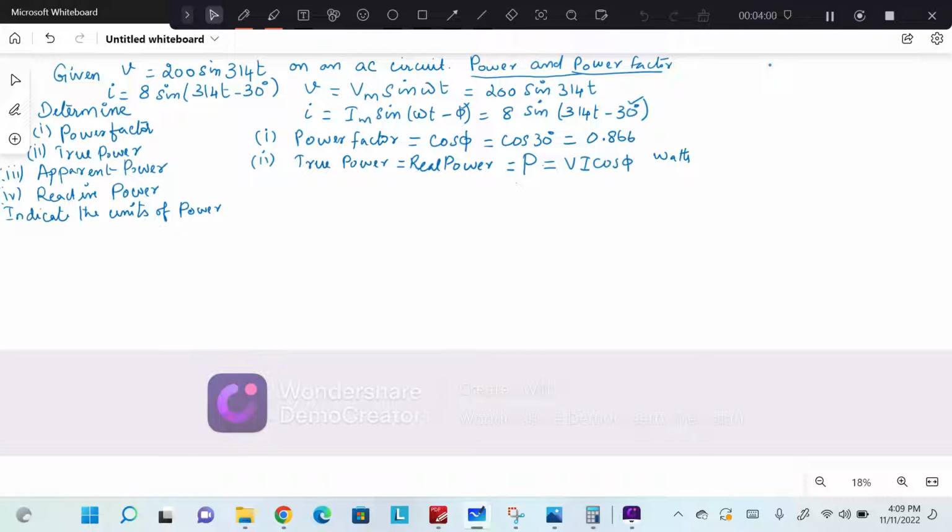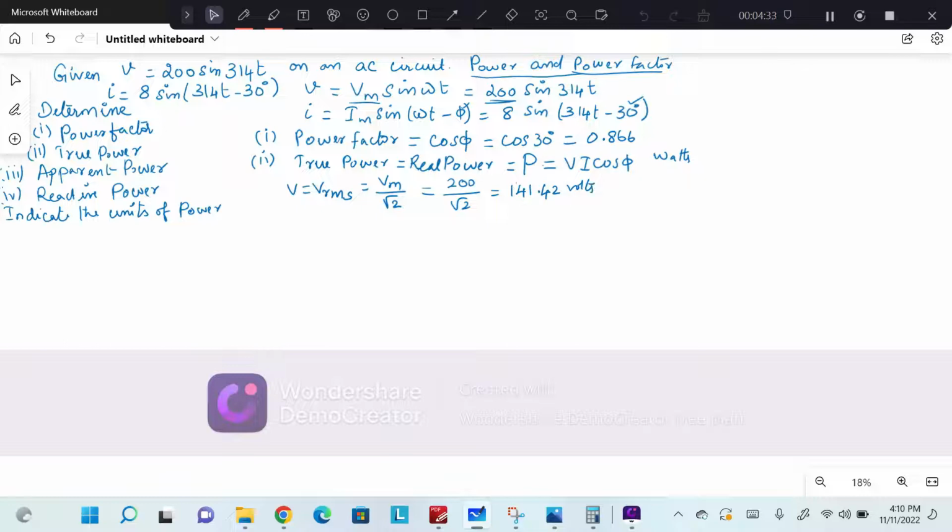Now we have to find out this VI cos phi. So V is nothing but VRMS. What is given in the numerical is Vm, that is 200. So how can we find VRMS using this Vm? That is given by the formula Vm divided by root 2 is VRMS. So Vm is 200 divided by root 2, and we will be getting 141.42 volts.